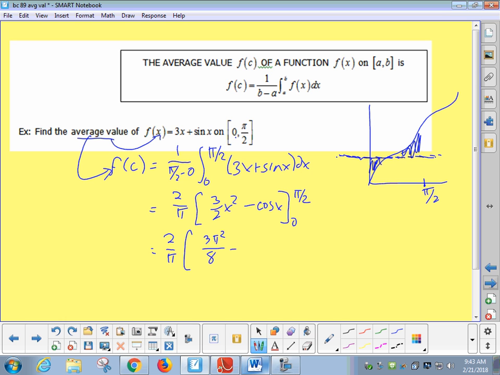Cosine of pi over 2 is 0, okay? And then 0 minus, what's cosine of 0, Mitch? 1. So maybe something like 2 over pi times 3 pi squared over 8. I think you'd end up with a positive one then. At that point, it's fine.